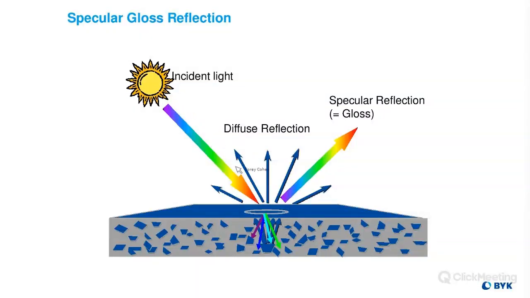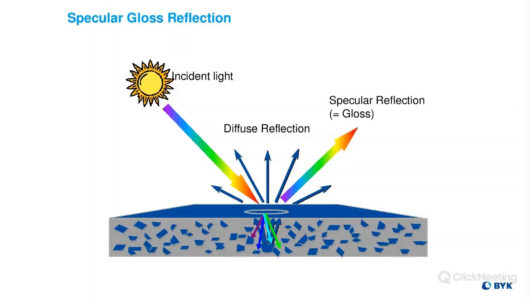So this diffuse reflection is all that light that's been modified by the pigmentation in this material. Now this reflection right here, this sort of rainbow reflection, is what we call the specular reflection or the gloss reflection, and that's just the opposite angle to the incident light source. And the reason it is showing up as this rainbow arrow, just like the incident light, is that this specularly reflected light has not interacted with those pigments.